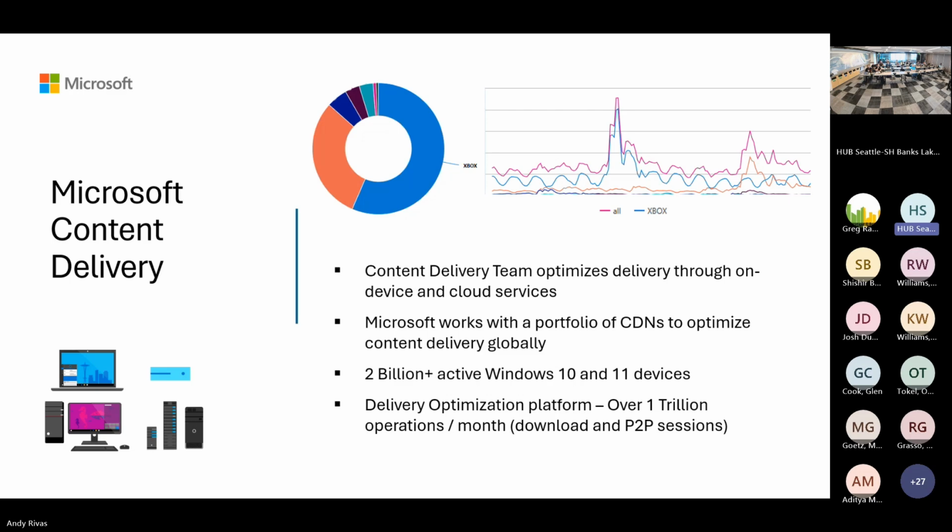I'm not showing you the exact value, but Xbox actually makes up a really large part of the content that gets delivered through our pipelines. We have a service that's handling a trillion or more operations per month.